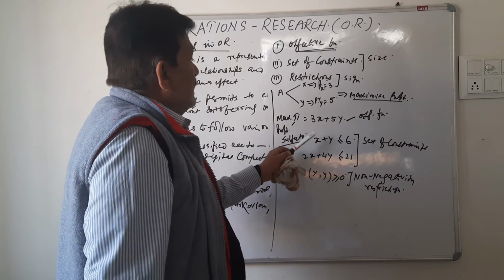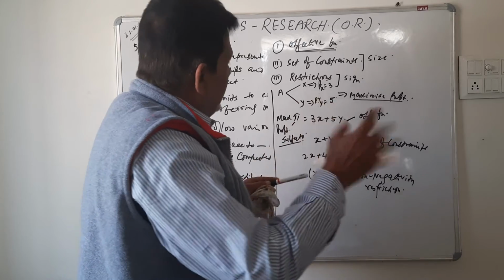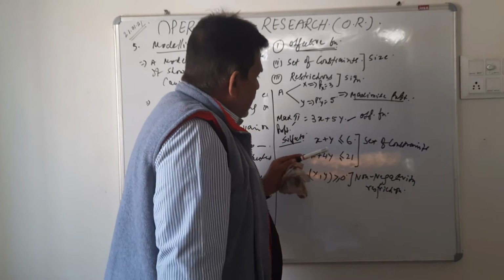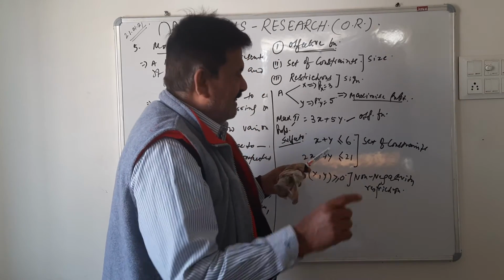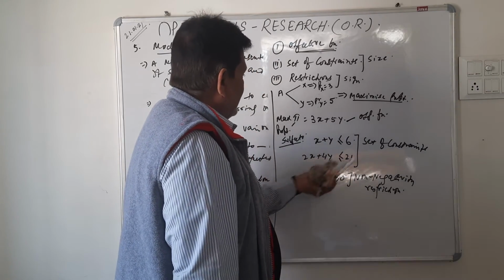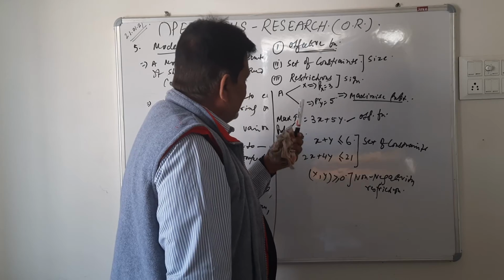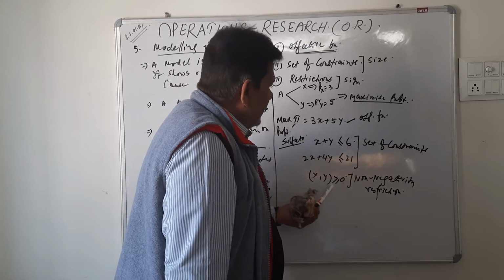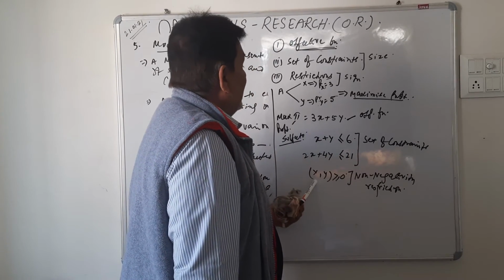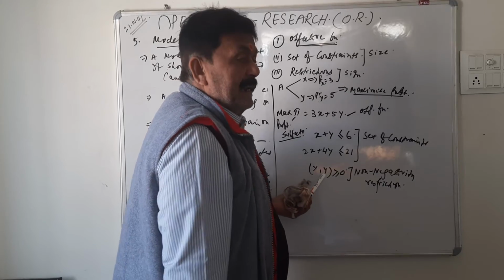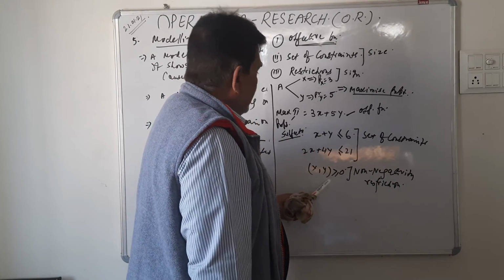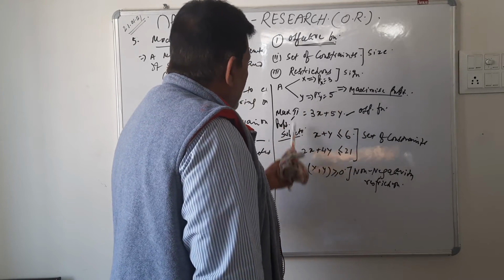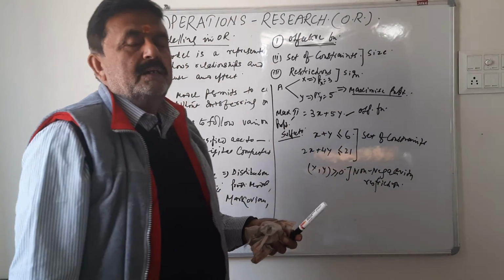Second, this set of constraints could be of any number, and luckily by the use of computers we can handle millions of constraints at a time. So these are the constraints in the form of inequalities. And thirdly, this is the non-negativity restriction, which says that X and Y can never be negative. Negative X and Y makes no sense. So this is a complete OR model, and this is how we make a model in OR.